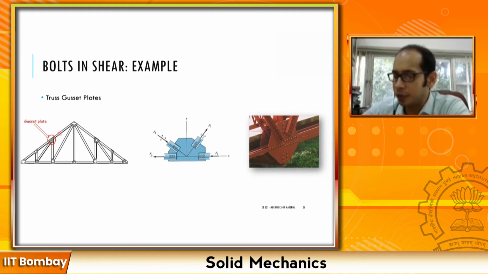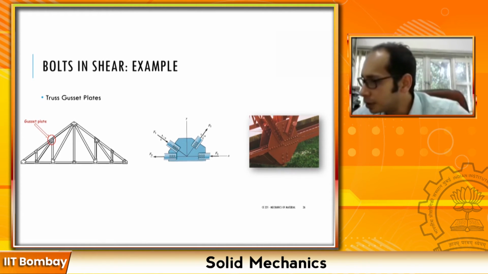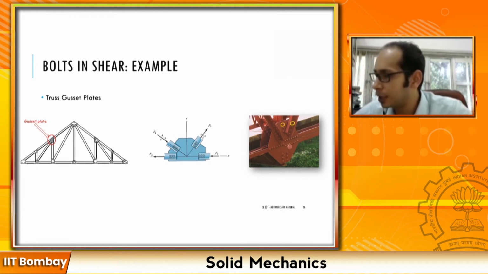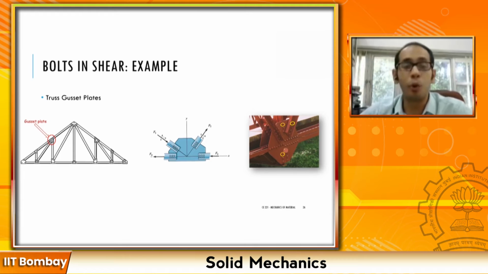In the pin joints, if you take a look into the zoomed in view of any of these joints in a practical life example, do you see these smaller blocks that are there? Let me change the color of my pen so that you can see it better. These ones, right? These are the bolts that you see.